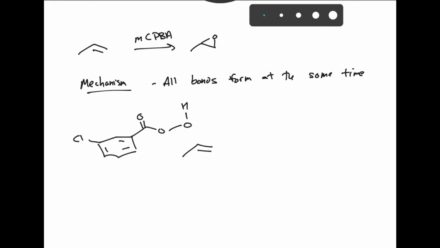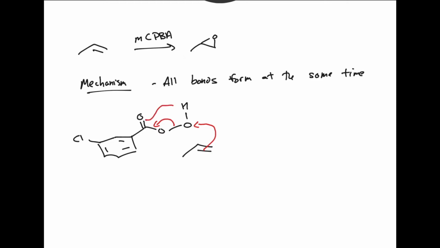What happens is your double bond will attack the oxygen on the end of your peracid and break the oxygen-oxygen single bond. When that happens, these electrons will come over here, making a new carbon-oxygen double bond, push these electrons here to grab that hydrogen, and then these electrons will come this way to make the new bond.